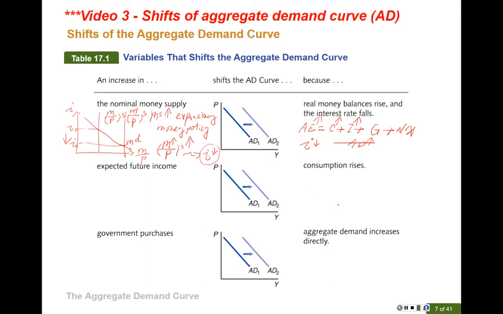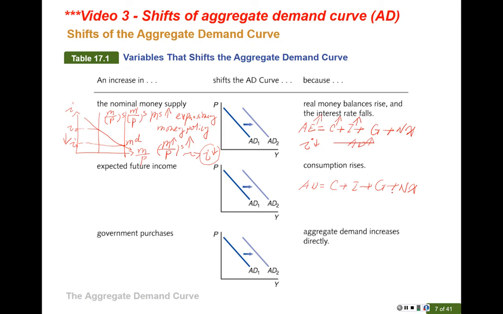So let's move on to the second factor. If expected future income goes up, what happened to the aggregate demand curve? Let's write out this equation again. If people expect their future income to go up, they probably will spend more money buying goods and services.